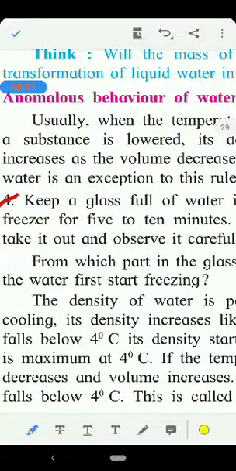Keep a glass full of water in the freezer for 5 to 10 minutes. Then take it out and observe it carefully. So many times we have done this for fun also, and if not, then do it today. It will be fun for you to observe this.